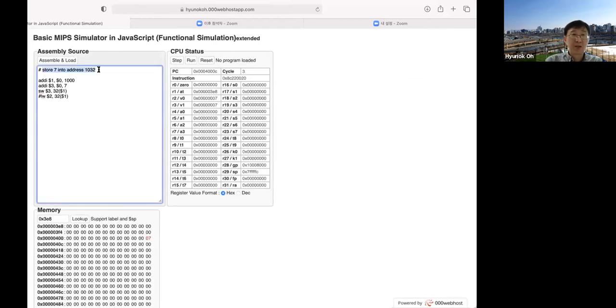Then can you do this one? After storing at 1032, load into A0 at the address. Then storing 5, and then to 8, 9.